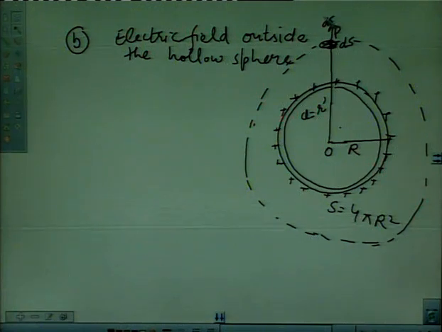Its surface area vector is ds vector, and the electric field is also along this direction, E vector.